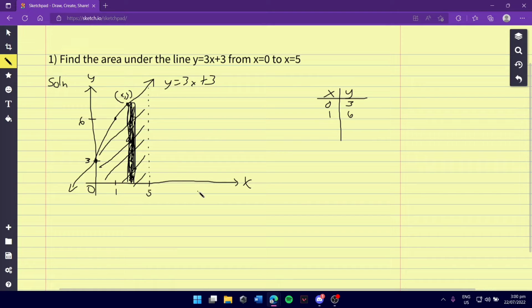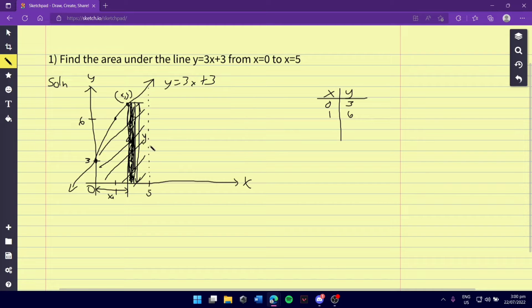Next, we will identify our x and y. As we recall from the concept, from the origin to your vertical strip, this is called your x. And then the height of your vertical strip is called your y.